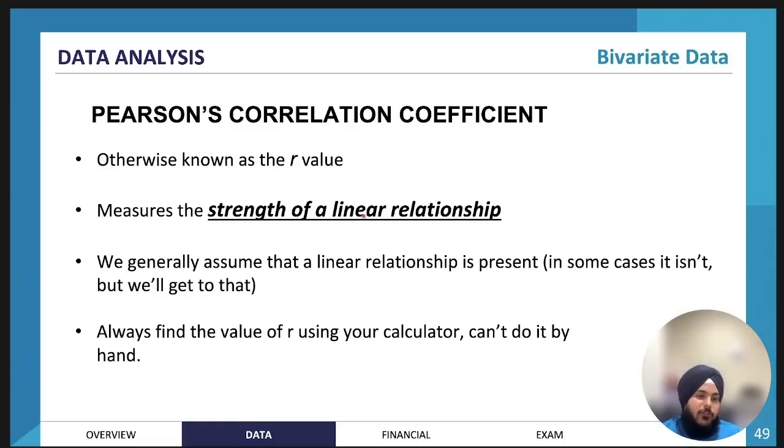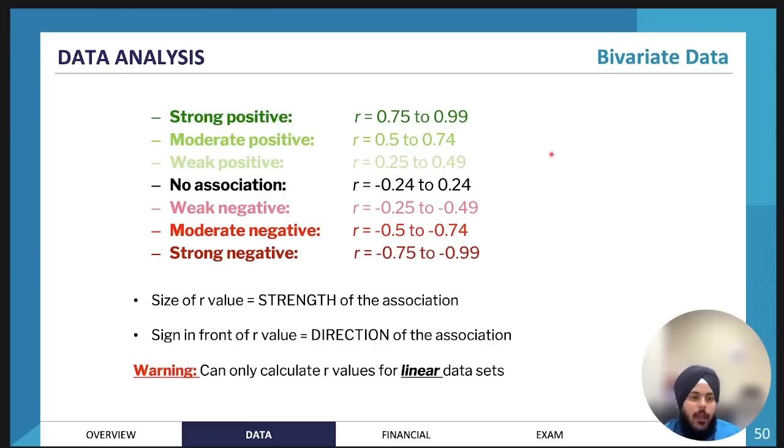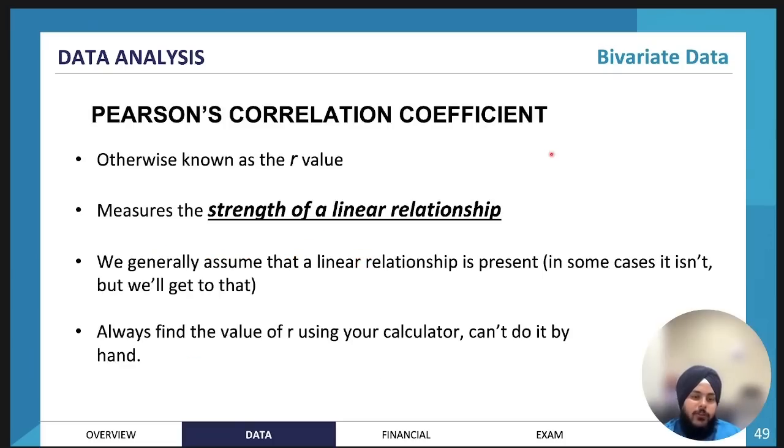R values will range from -1 to +1, and depending on how close it is to the extreme, so -1 or +1, that will determine how strong your correlation is, or your association is between the two variables. Again, for your R value, you will not be determining that by hand. You will be using your calculator to do this for you.